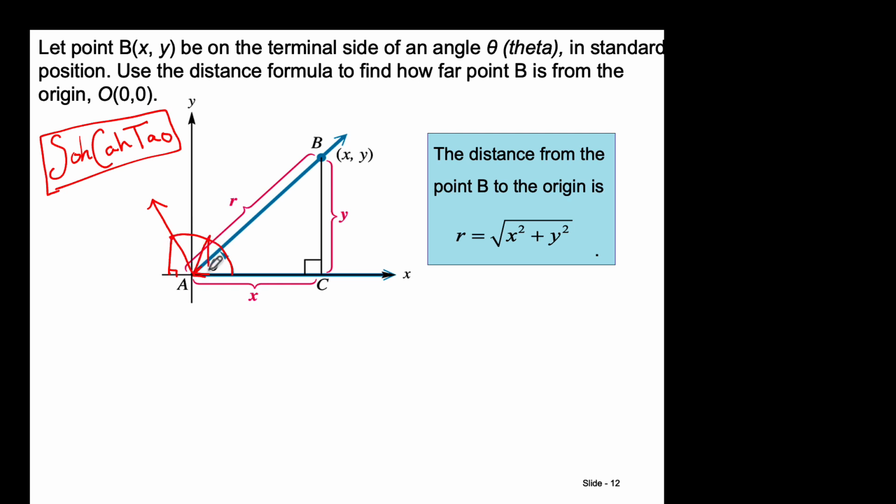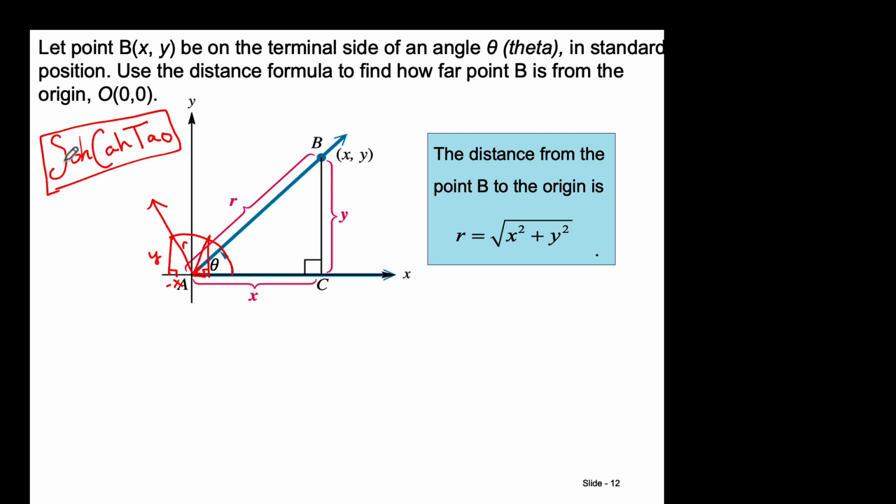It looks just like it, but it's in standard position. So here we would have some x distance, it'd be negative, some y distance, some positive r distance, and we can study that in standard position. So it's no longer just right triangles with two interior acute angles, okay?